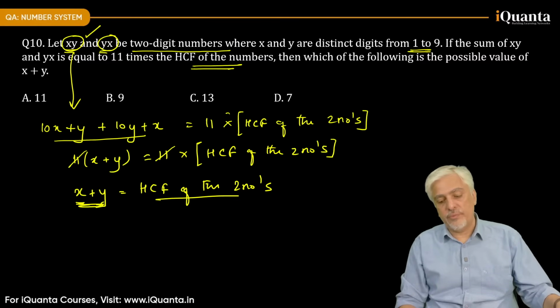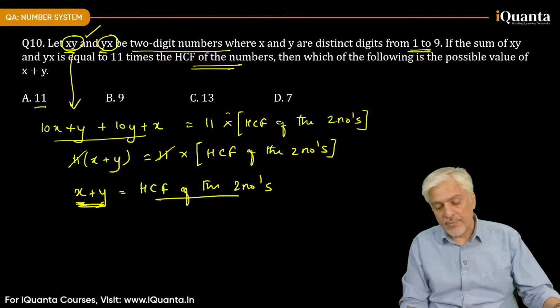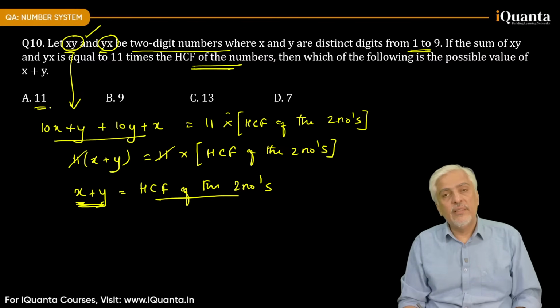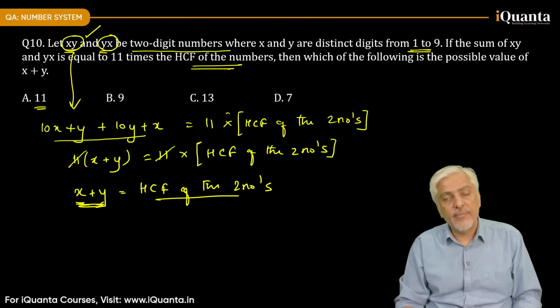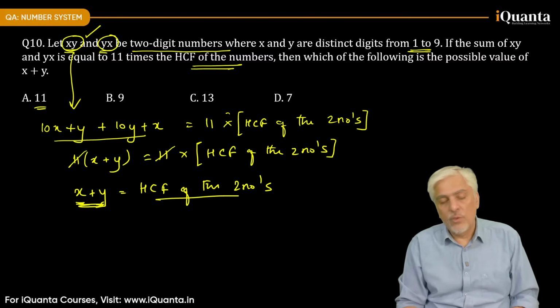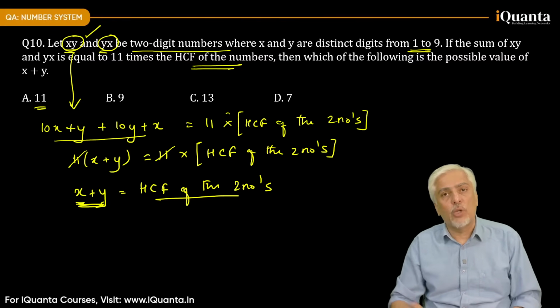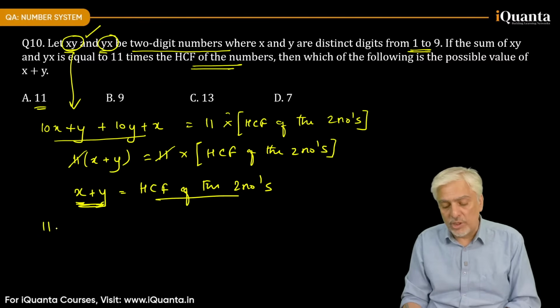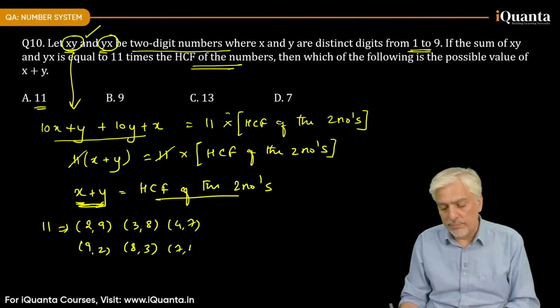Now suppose if 11 है, 11 के साथ सोचते हैं क्या क्या ऑप्शंस पॉसिबल है 11 के साथ. 110 is not allowed. I am thinking option by option. 11 के साथ ऑप्शंस क्या क्या पॉसिबल है. 110 is not possible. 2992, 3883, 4774, 5665.